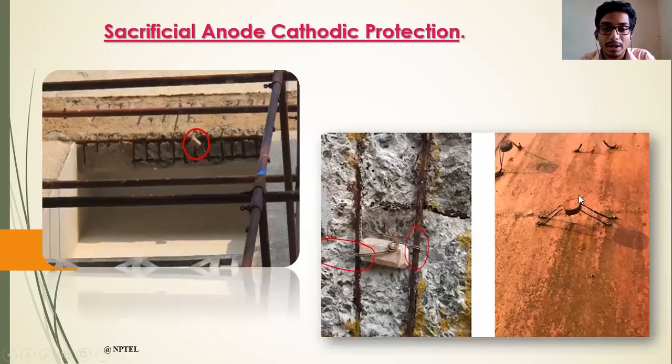Now you can see here some of the poor practices they have adopted. In the top left picture, I have marked it with a round mark. This is hanging. The sacrificial anode is hanging from the bar, and that will not work. The proper tying was not done, and ultimately this technology will not work.